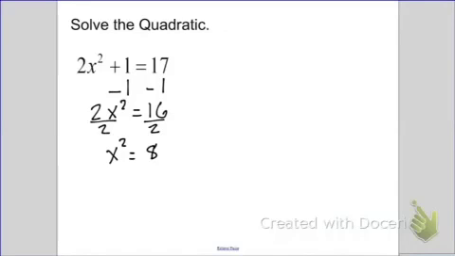And at this point, I need to get rid of that square. So what I need to do is square root both sides. What I get is x is equal to positive or negative square root 8. Why did I put positive or negative?